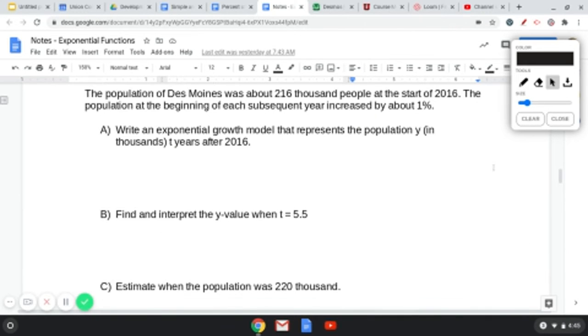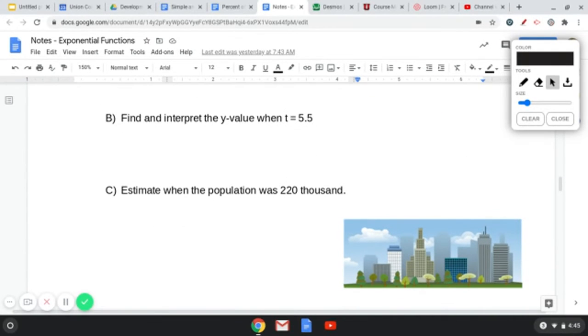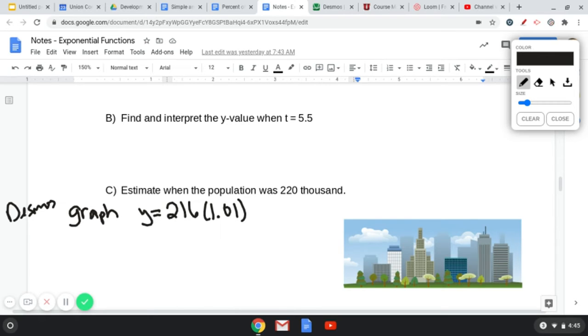All right. Estimate when the population was 220,000. So I'm going to say graph on Desmos. We graphed our equation y equals 216 times 1.01 to the x, or to the t. And we found when x equals 2.